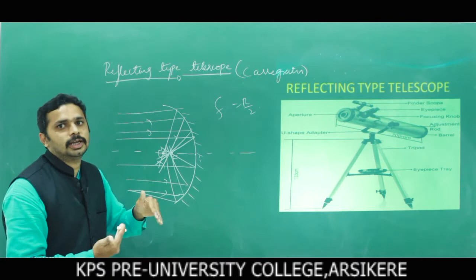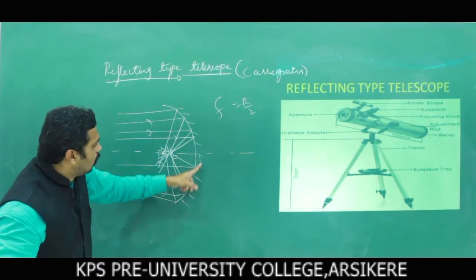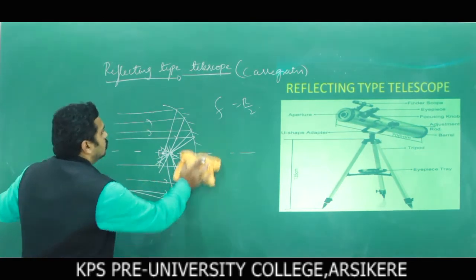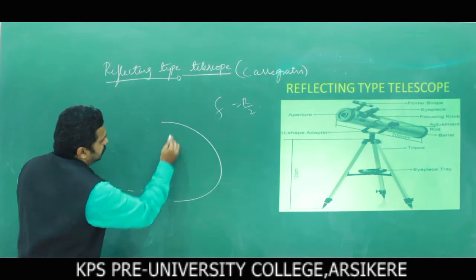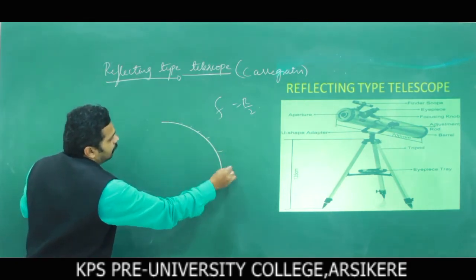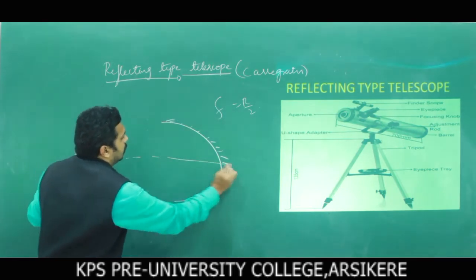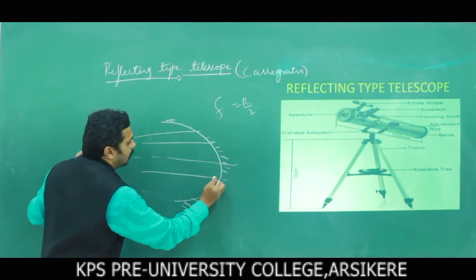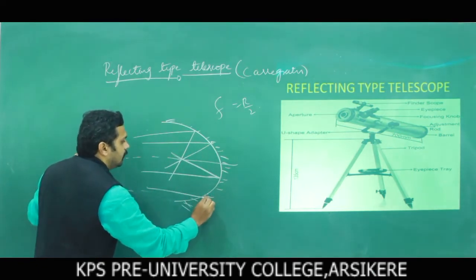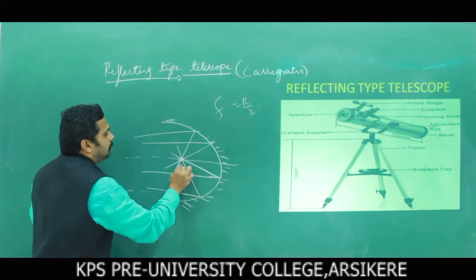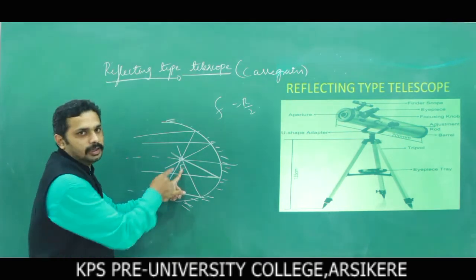How to overcome spherical aberration? You have to use parabolic reflectors. If you use parabolic reflectors like this, and pass the rays of light to the parabolic reflector, after reflection all the reflected rays meet at one point, the focus point.